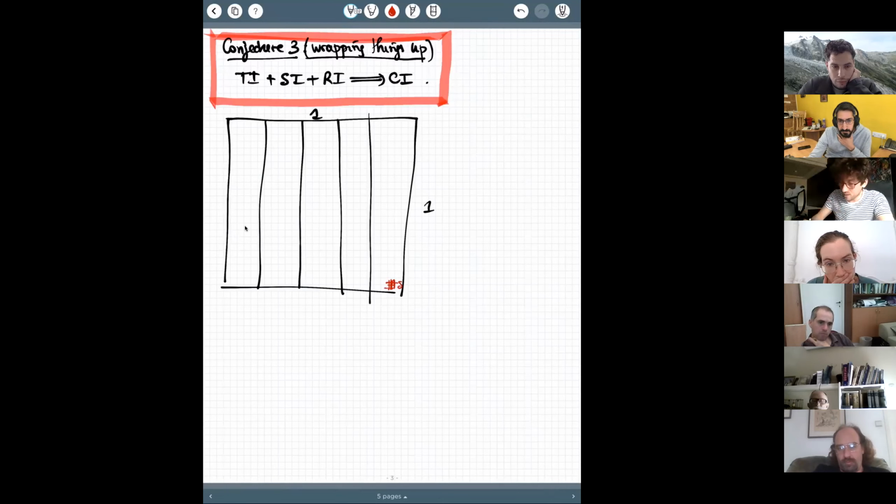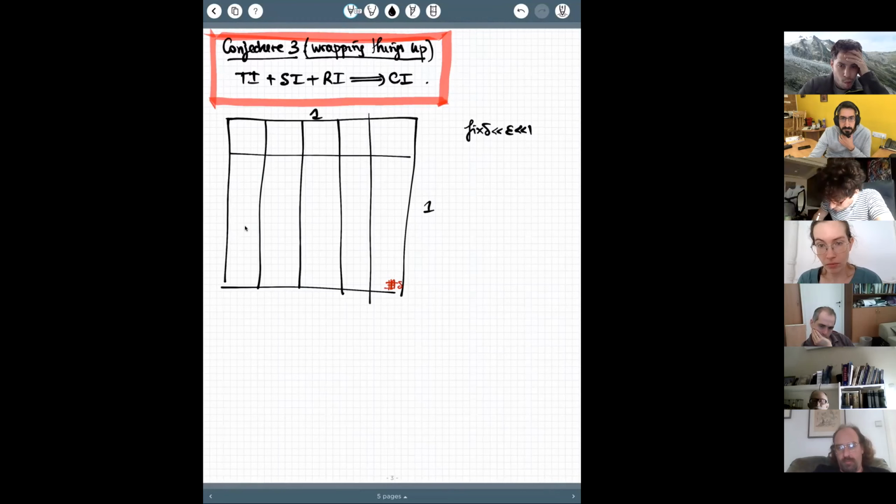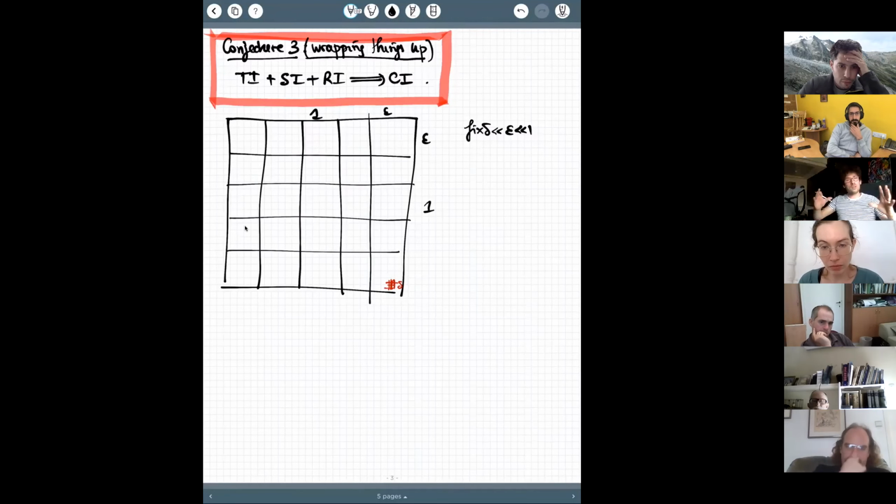I'm going to fix an epsilon much smaller than 1, but again, I'm insisting delta is going to tend to 0 eventually, so delta is much smaller than epsilon. And I partition my box into small squares of size epsilon.